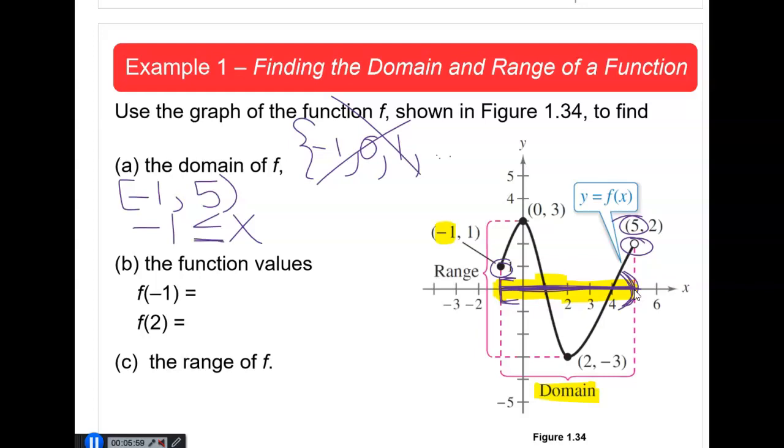And we say equal because the -1 is included. You could see it on the circle, and we also use the square bracket. And then less than 5. And we do not include 5, so we don't need the equal part on the inequality symbol. Okay, so that is for domain.